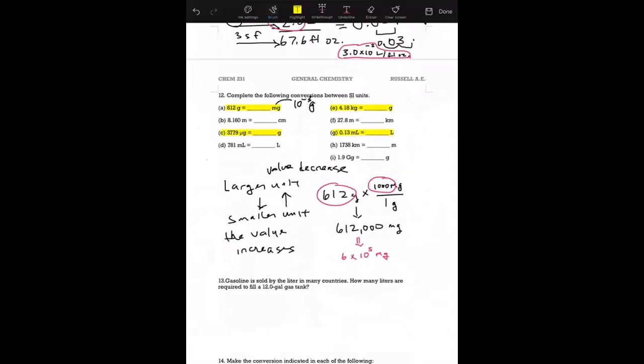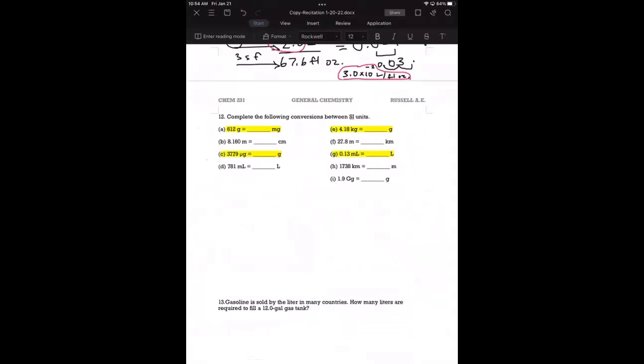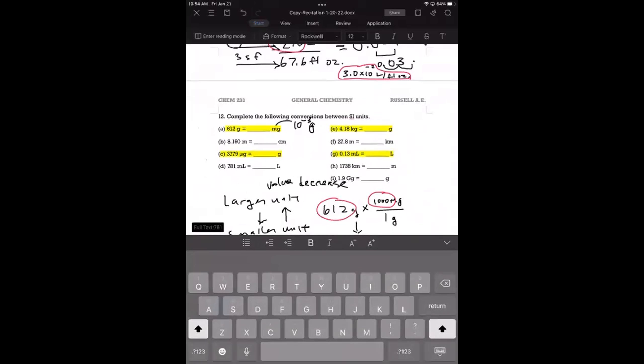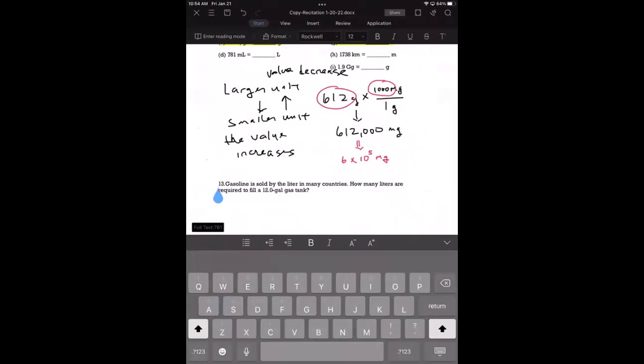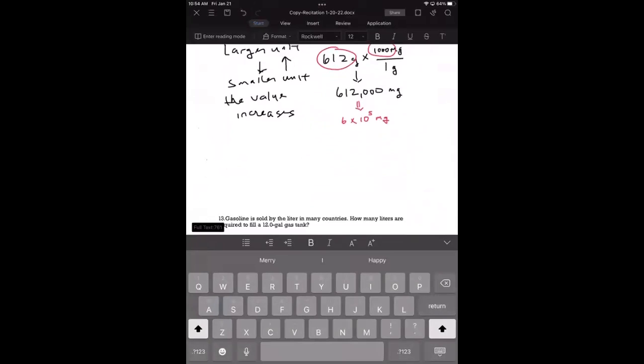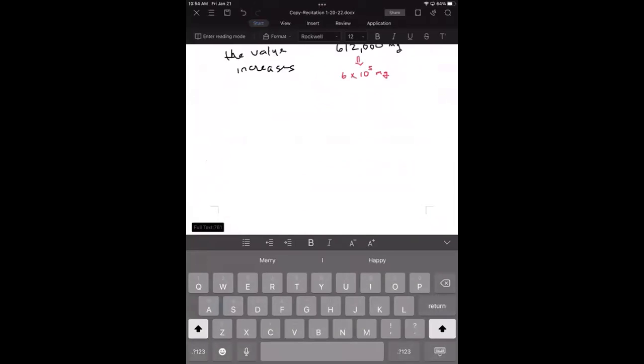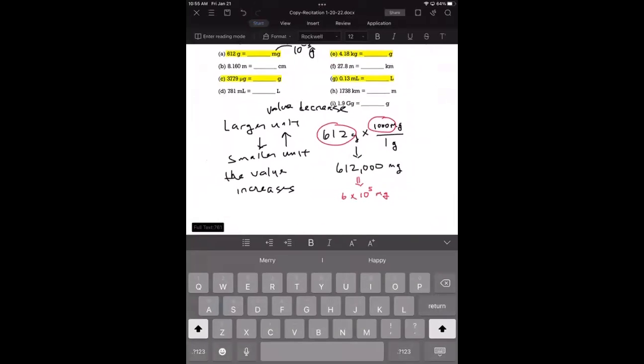Let's do C. Let me put some more room here. All right, let's do C. What are we converting from?